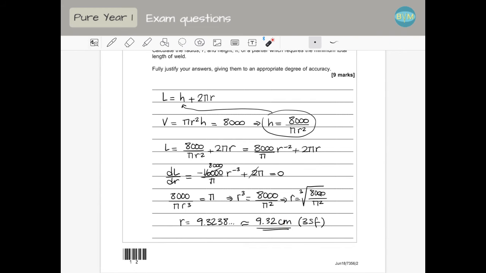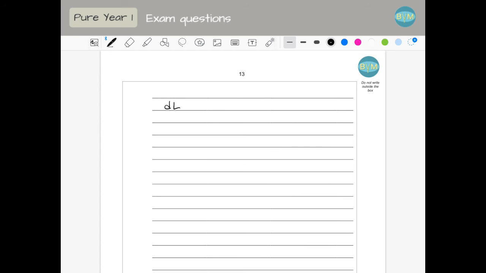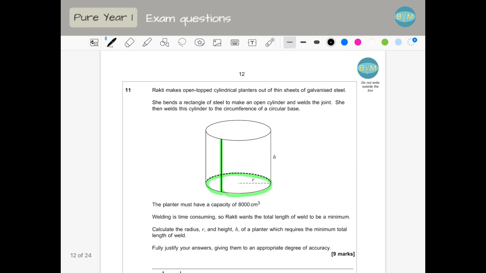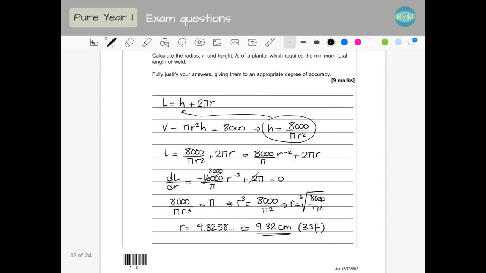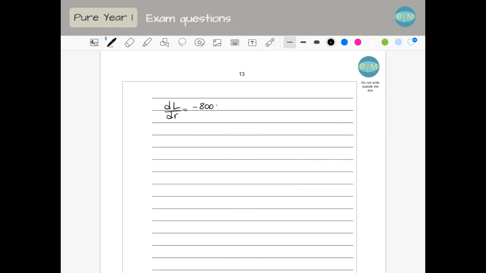So this radius is supposed to give me the minimum value, but I have to double check that it is the minimum and not a maximum. So I'm going to differentiate a second time and see that my second derivative is positive, so I have a minimum and not a maximum. We have that dL by dr was minus 16,000 divided by pi, r to the minus 3, plus 2 pi. I'm going to differentiate this again.